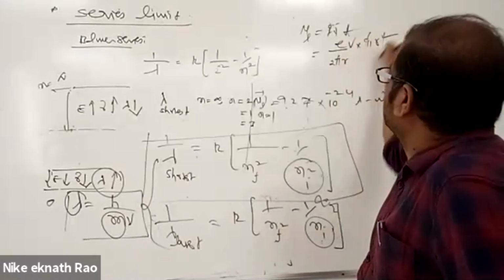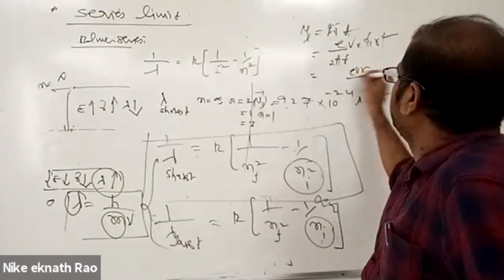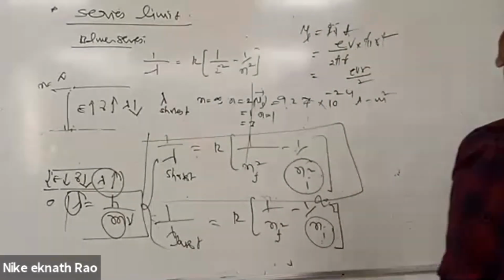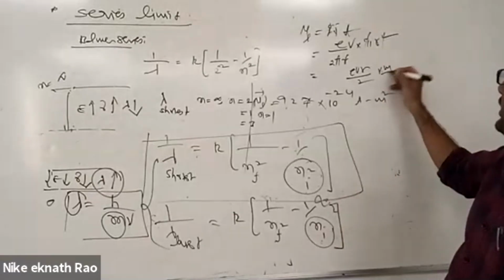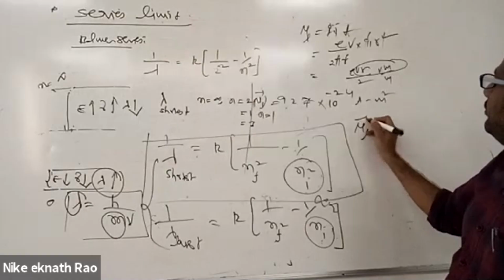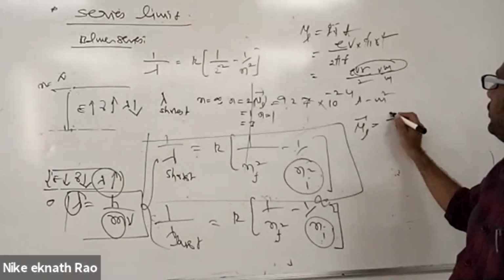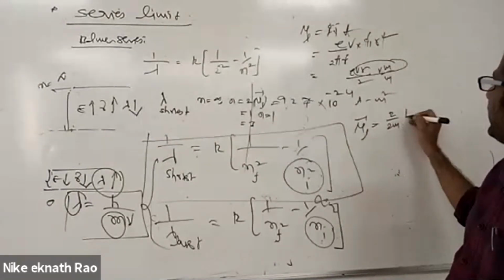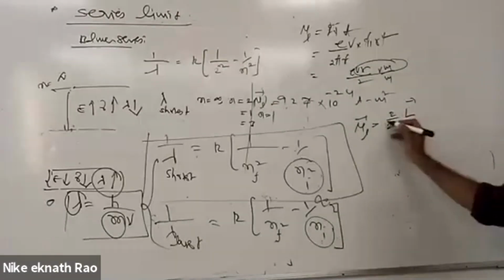So after simplifying, it is e v r by 2. Then multiply and divide with m. So m v r is called angular momentum. So the magnetic dipole moment is equal to e by 2m into the angular momentum. In vector form you write a minus symbol, since both are in opposite directions.